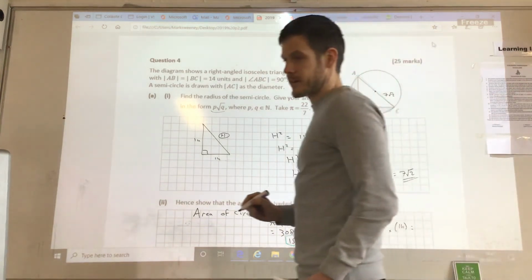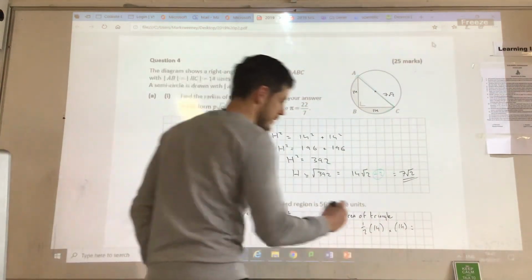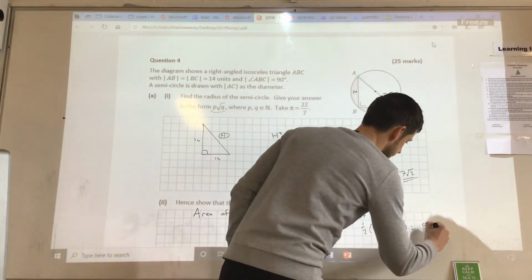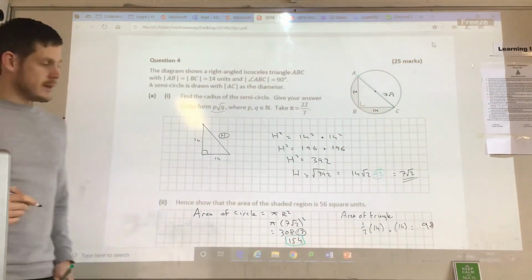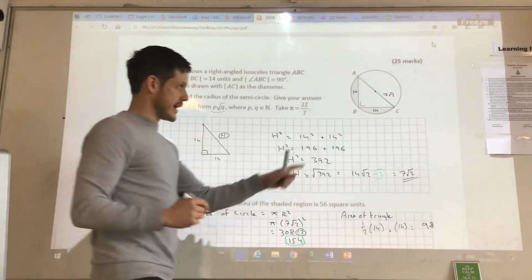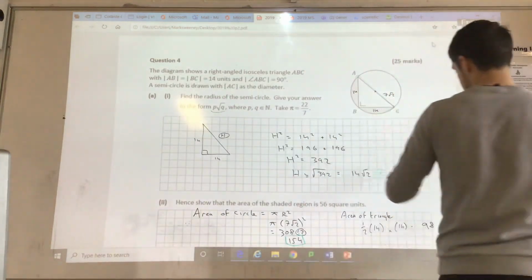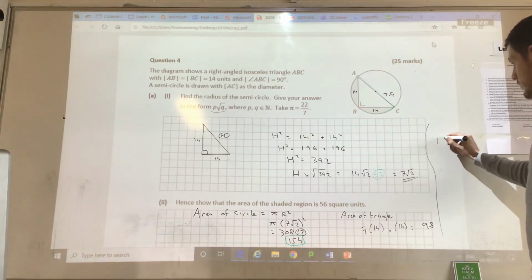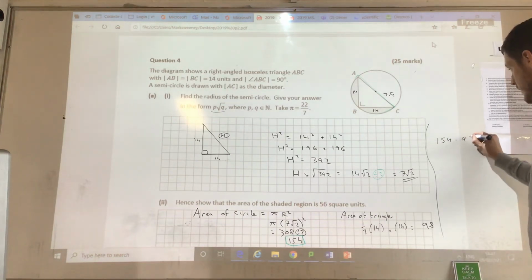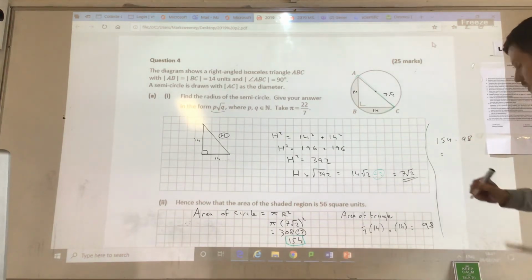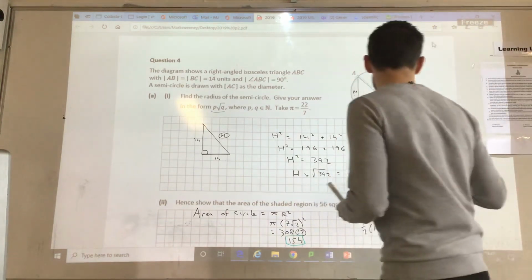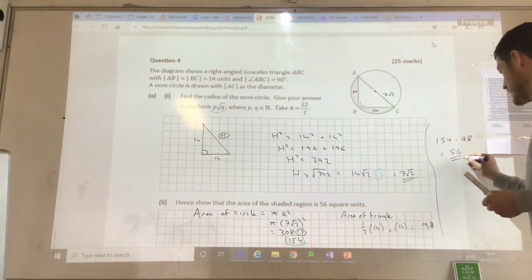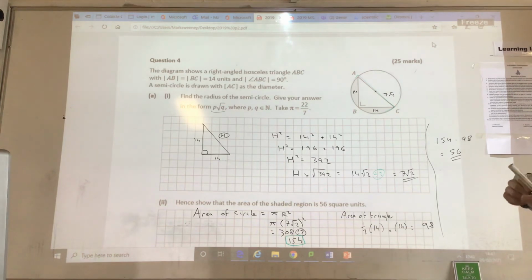And when I get that, I get 98. So now I've worked out the area of half the circle, and I've worked out the area of the triangle. To find out the area of the shaded region, all I do is 154 minus 98, and I get 56, which is the answer, so we know we're right.